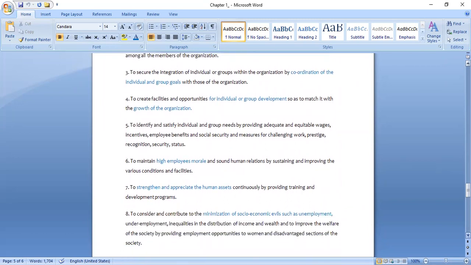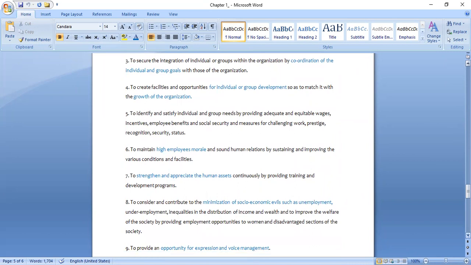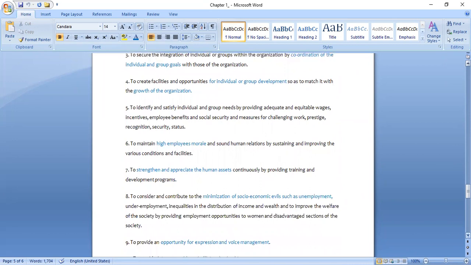Then another objective of human resource management is satisfying the needs of these individual workers, right? For example, if they are paying you your salary on time, some employees are happy when they are paid their salary.